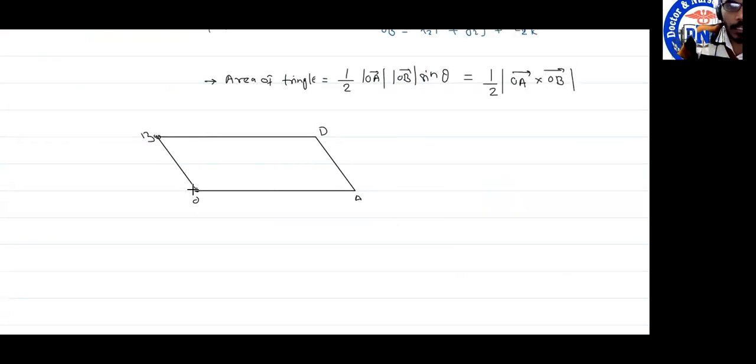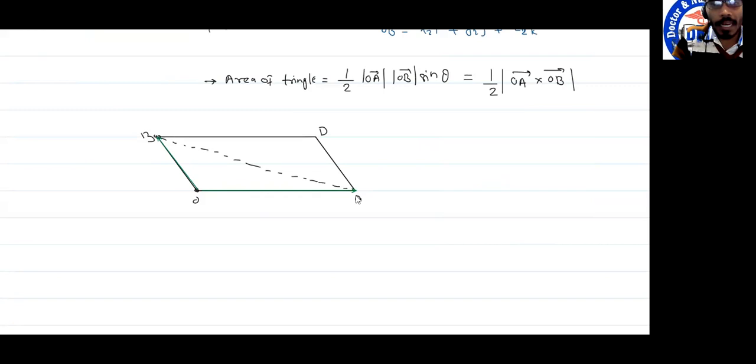We have to just draw two vectors. One is along this, one is along this. So if we do this, and by joining this, we get a triangle.